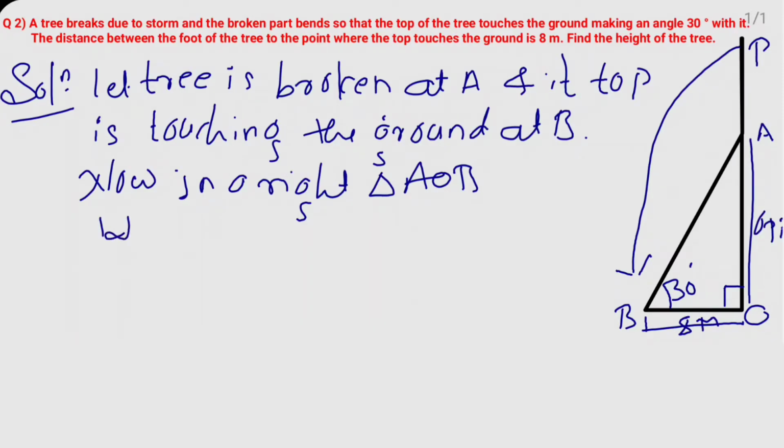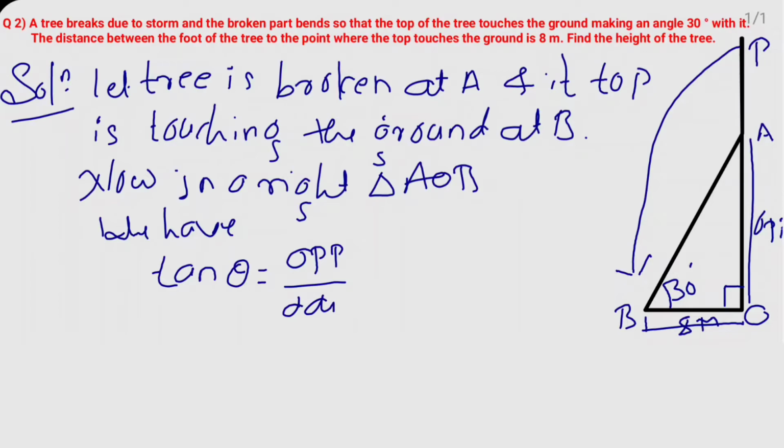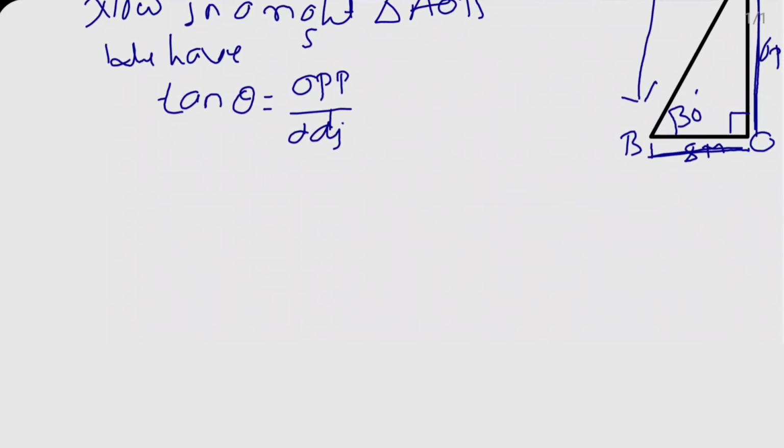We have tan theta equals opposite by adjacent. Why did we take tan theta? Because using the adjacent we want to find the opposite. So these two are related in tan theta, that's why I consider tan theta here. Is it clear?